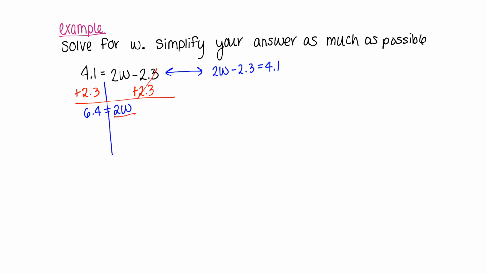To get w by itself, unlike before where we multiplied, because it's already being multiplied, to undo it we use division. So these 2's would cancel. 6.4 divided by 2, you could do that on your calculator, should come out to be 3.2, equal to w. So w is equal to 3.2.